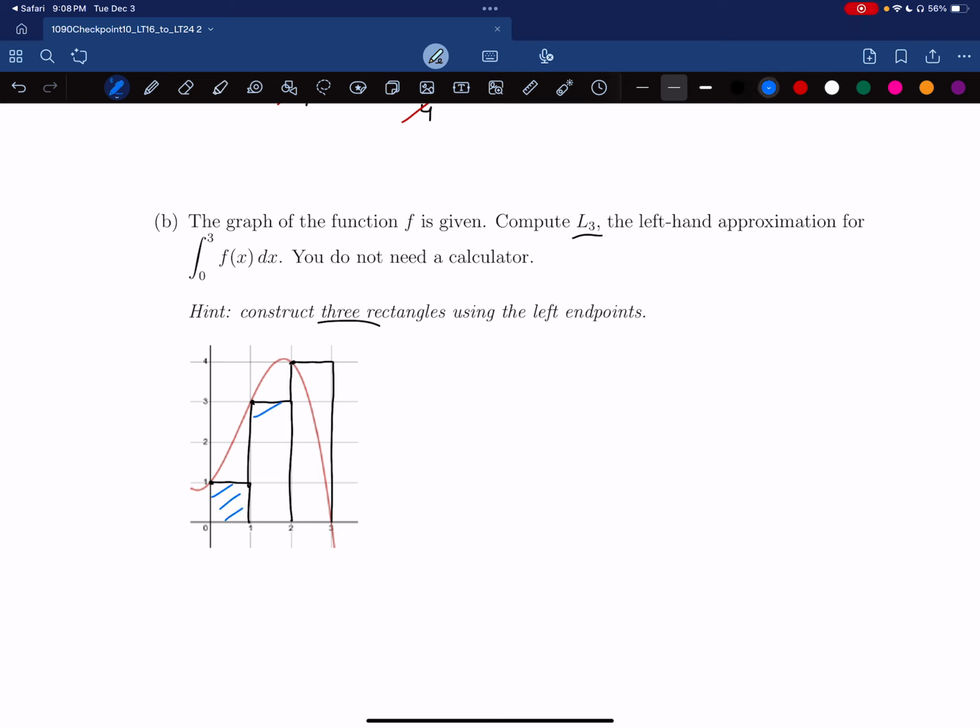Same deal. Now we can calculate the area of these shapes, and it's easy to do because they're rectangles. So the first one, that's just 1 times 1, which equals 1. This is shape 1, shape 2, and shape 3.